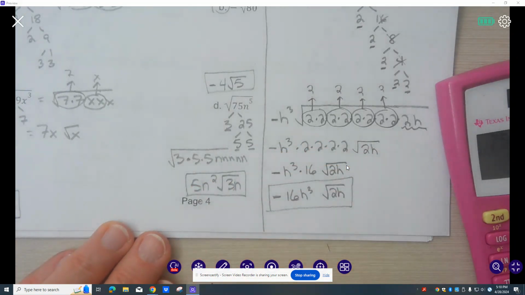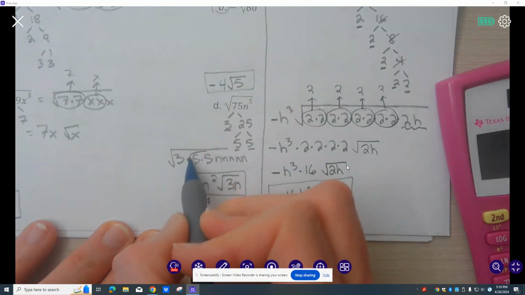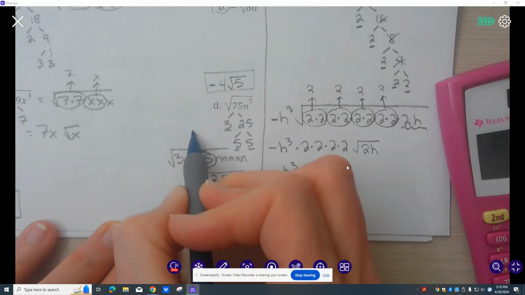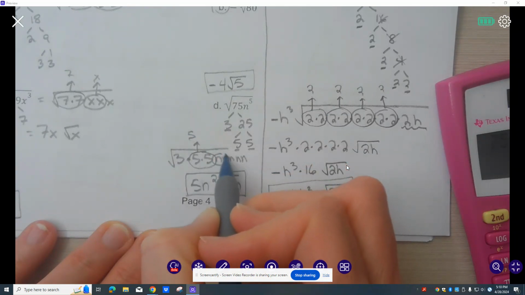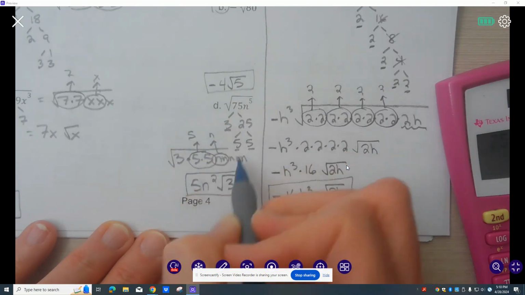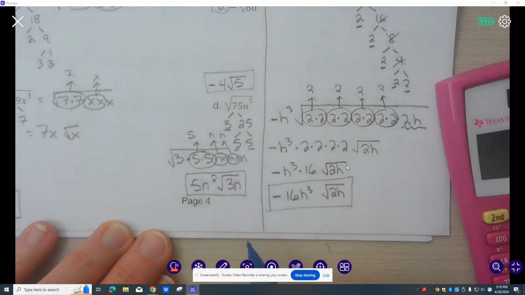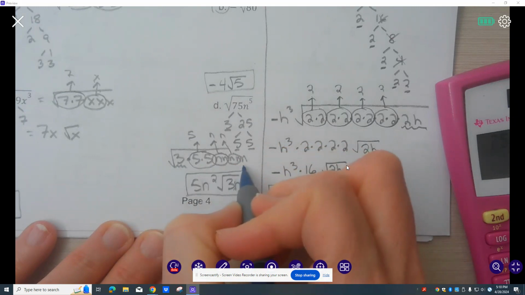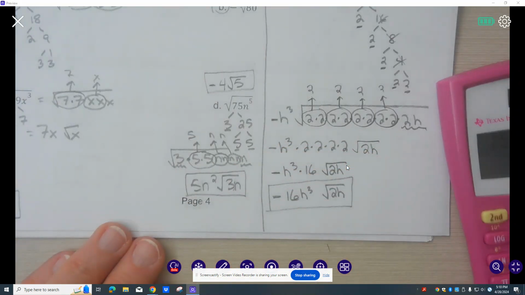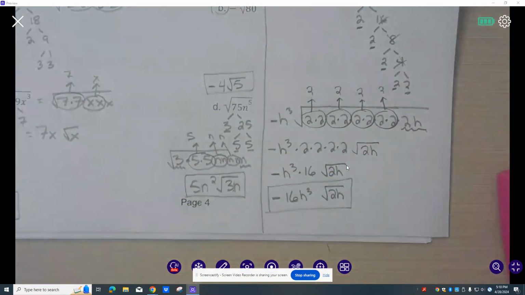This is what you would get for your final answer. Doubles there, so a 5 would escape. These 2 n's, 1 would make it out alive. And these 2 n's, 1 would make it out alive. What's stuck inside is a 3 and an n. Okay, that is the end of this video for example 3.